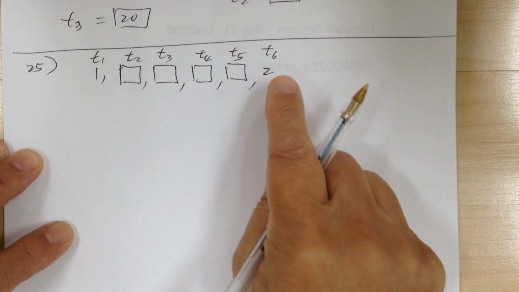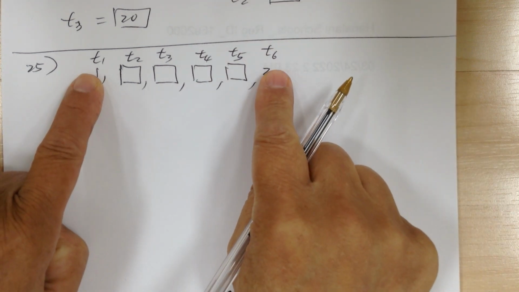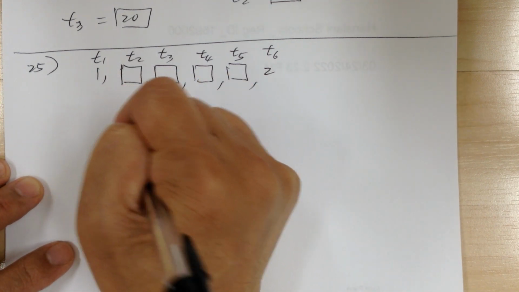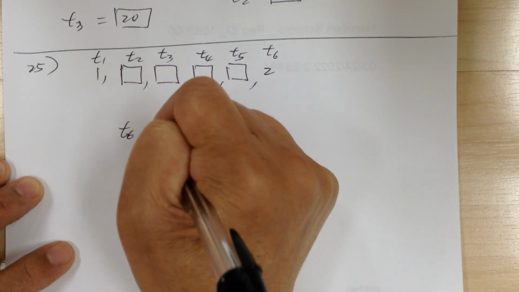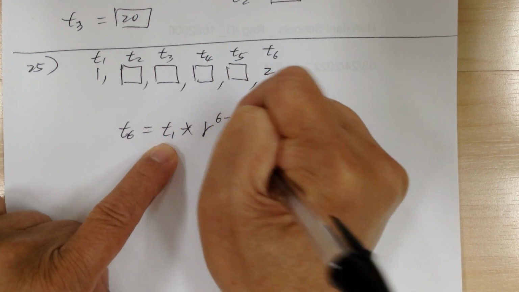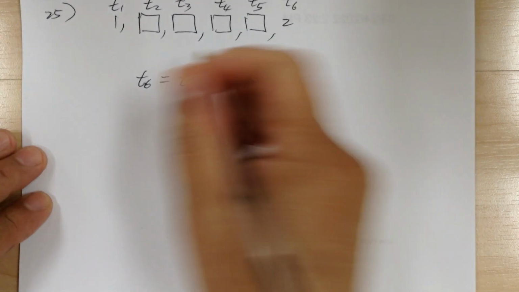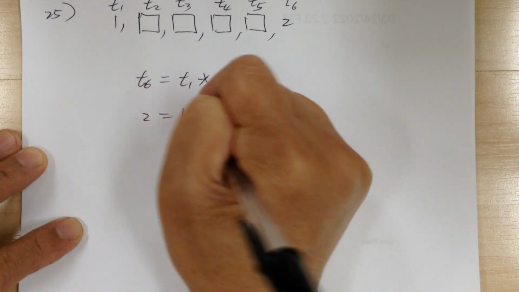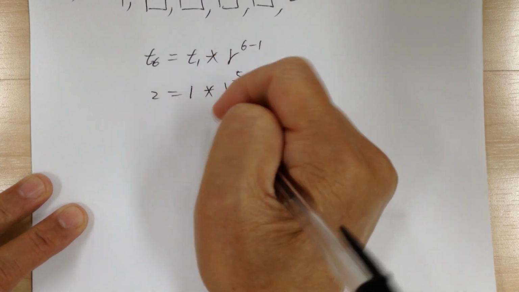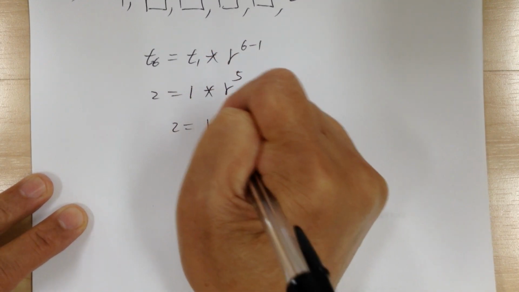You use the 2 given numbers to find r. Start with your formula: T6 equals T1 times r to the, you use 6 and 1, so 5. Put the numbers in: 2 equals 1 times r to the 5, so 2 equals r to the 5.